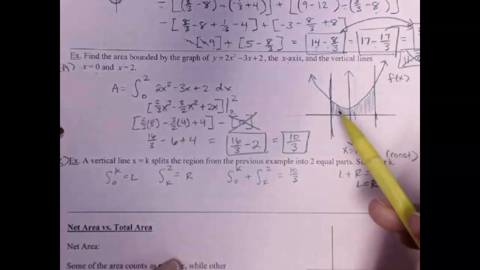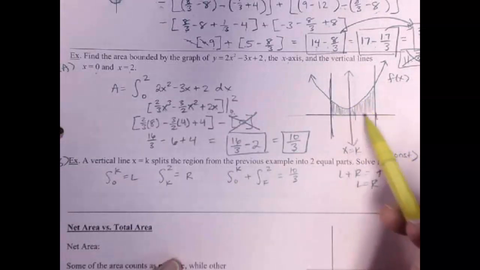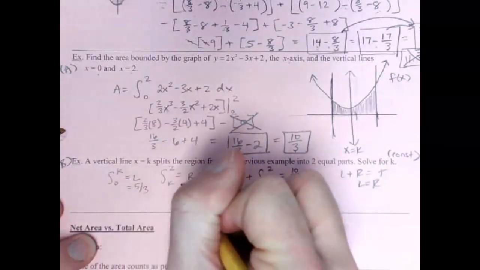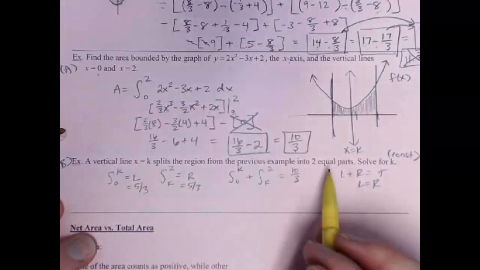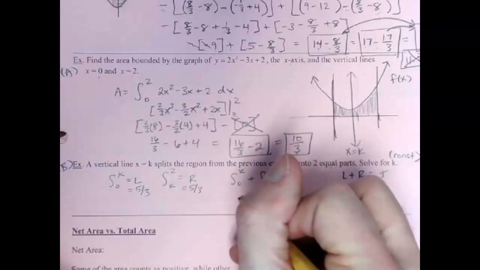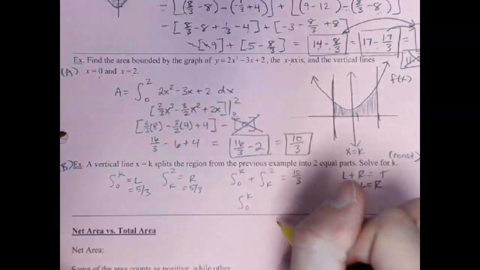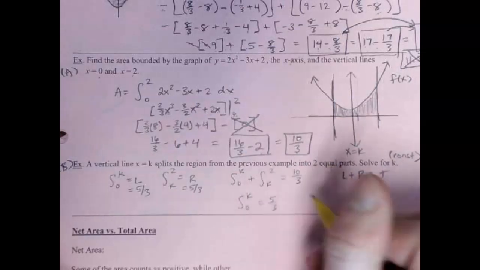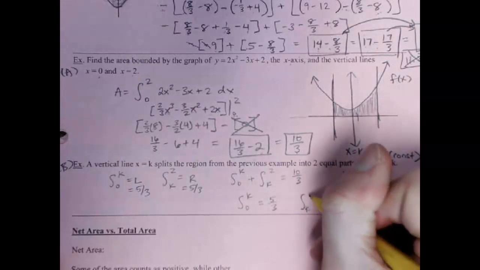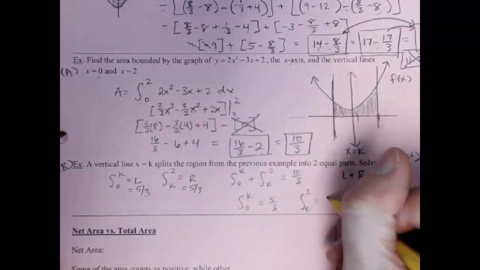So if the total is 10/3, then each side is going to have to be 5/3. 2 equal parts means each part is 1/2 of the total. So I could just set up this equation, 0 to k, that's going to equal 5/3, because it's 1/2 of the total. And you could do k to 2, and that integration would equal 5/3.